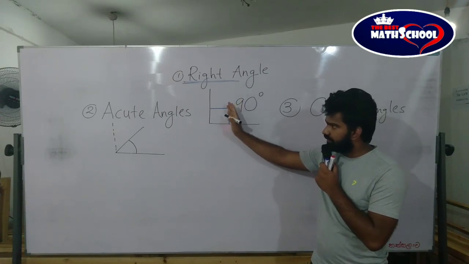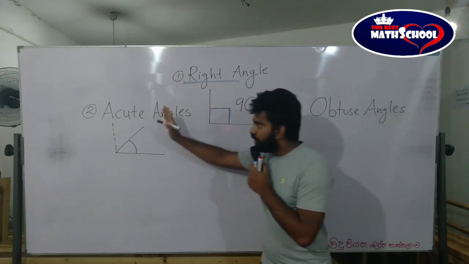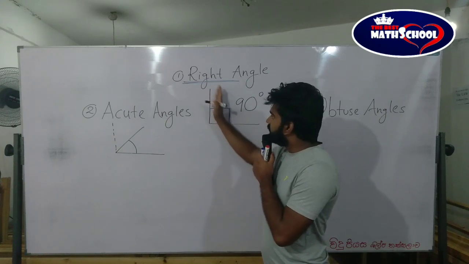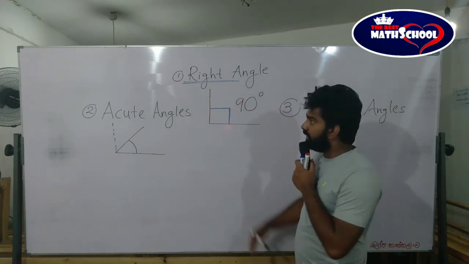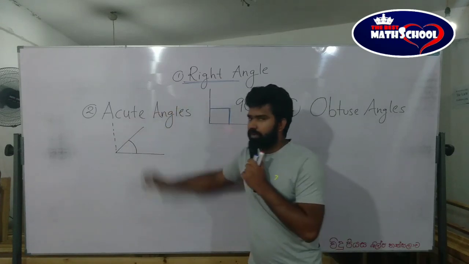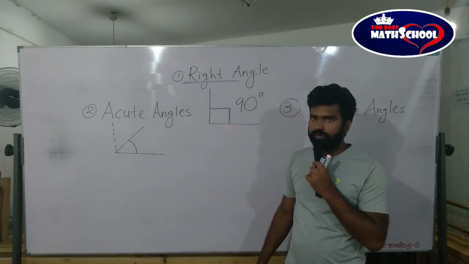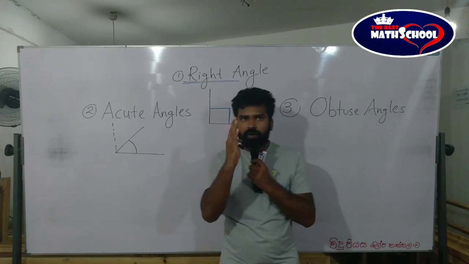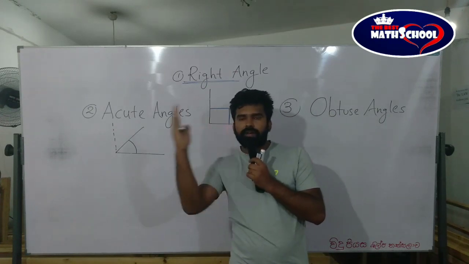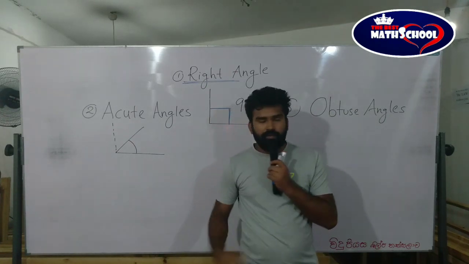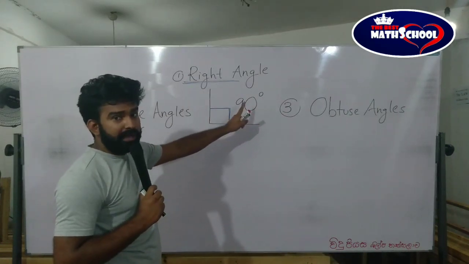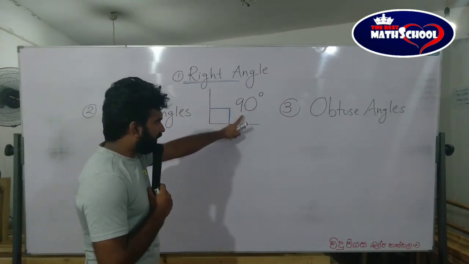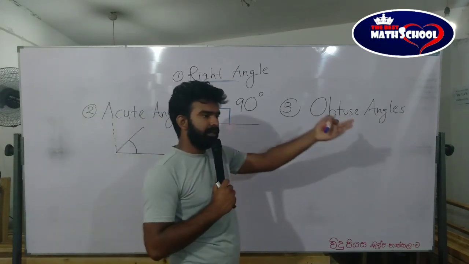And we got an angle which is smaller than this right angle, right? Those were known as acute angles. Now we are going to move more than the right angle. That means we are exceeding the limit 90. Got it? If the magnitude exceeds the amount 90, that means more than 90.